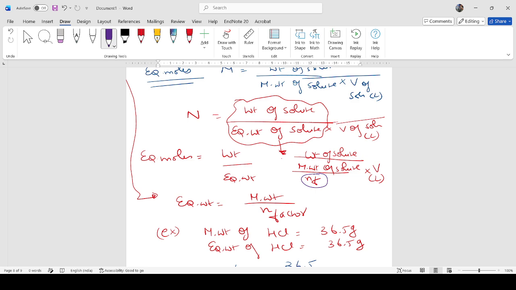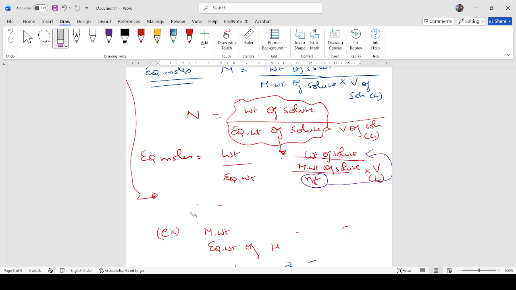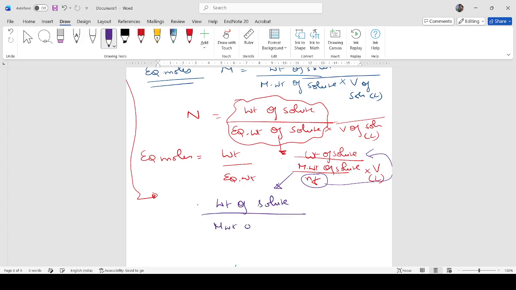You can see this n factor is in the denominator of the denominator, so it can be raised to the numerator. Let me raise it to the numerator. Then redefine the same equation: weight of solute divided by molecular weight of solute into n factor, into volume of solution in liters.